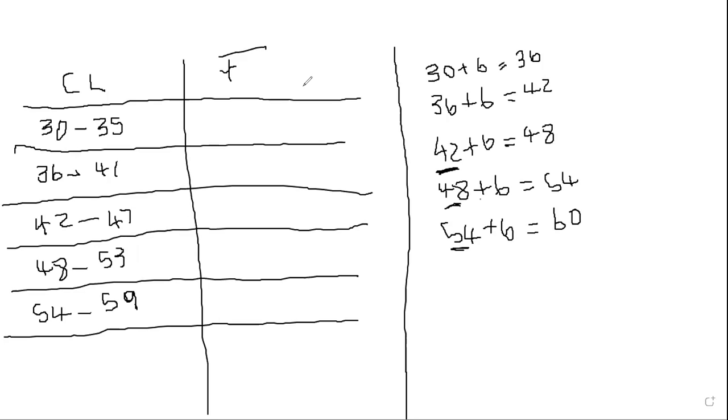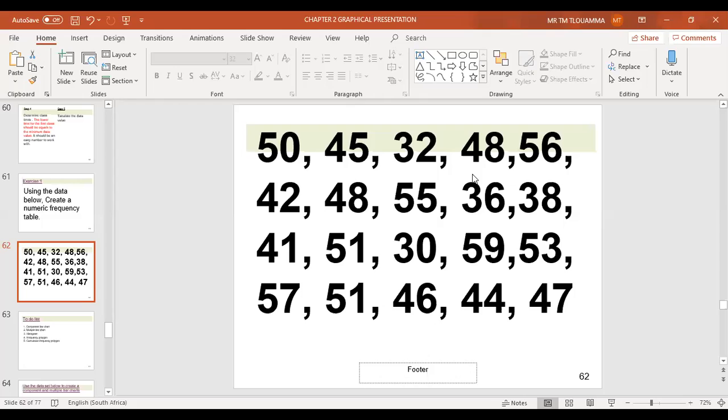Okay, so now we're going to look at the frequencies. We're going to go to our data set again and look at the frequencies. If you are lost, please indicate that so that I can be aware.